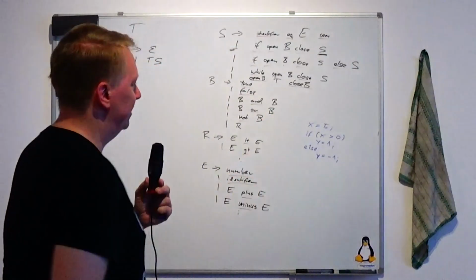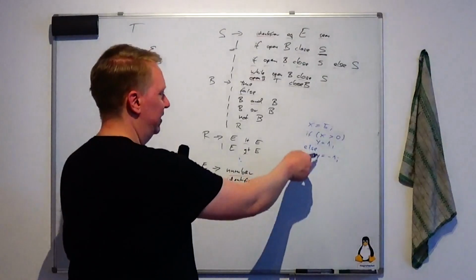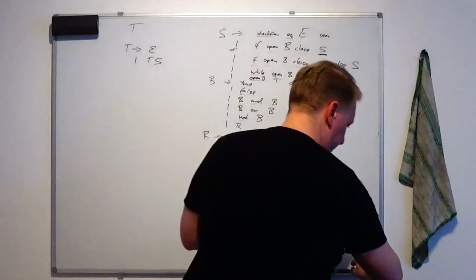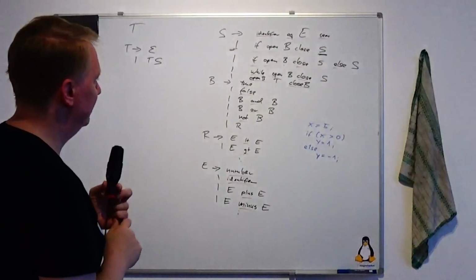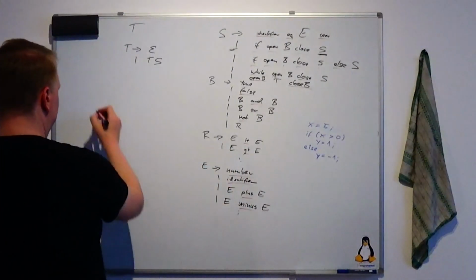So a little program that just computes the sign of x. If we parse this with this context-free grammar, then we could get something like this.